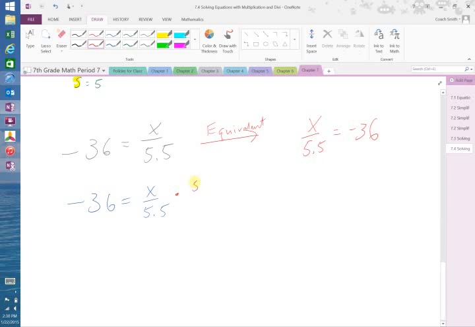We're going to multiply by 5.5 on both sides. On the right side, it cancels, leaving me with x. On the left side, we simply take 36 times 5.5. Okay, this is 18.